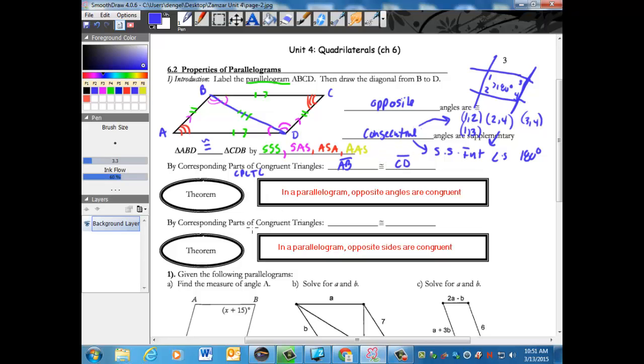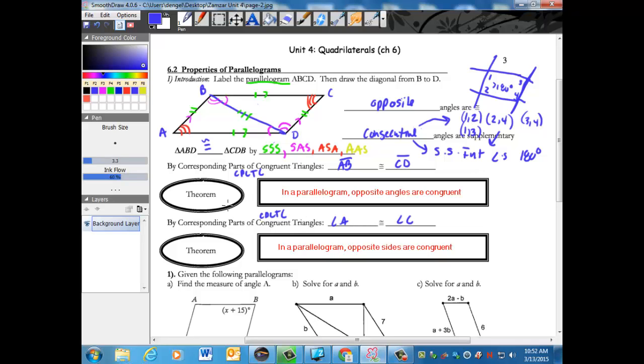Also by CPCTC, I could say that angle A is congruent and equal to angle C. We already showed that because we were told that this shape was a parallelogram. But since we've proved that these two triangles are congruent by side, side, side, their corresponding angles, sides, and parts are also going to be congruent.